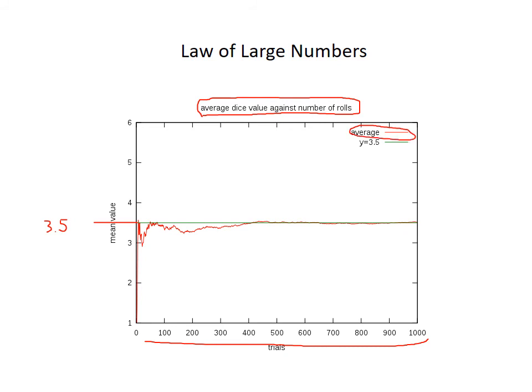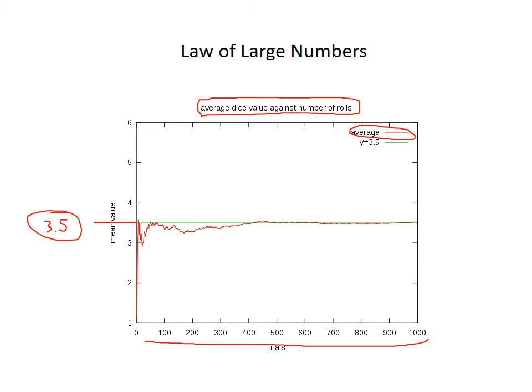The actual average value of real rolls of the dice varies quite a bit from that, especially at first. If you start rolling dice and roll it maybe 10 times, you might have an average of those rolls that's much lower or much higher than the expected long-term value.